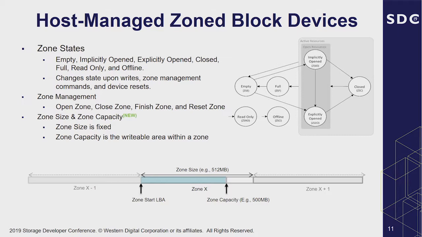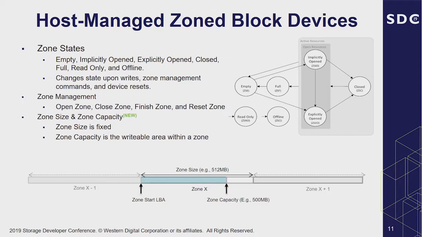And then it would transition into an implicitly open state if you just start writing to the first LBA in that zone. Or you could transition to explicitly open if you issue an open command. The open command is a way of telling the device from the host that, hey, I'm going to start writing to this zone, please allocate any resources you need for that zone.